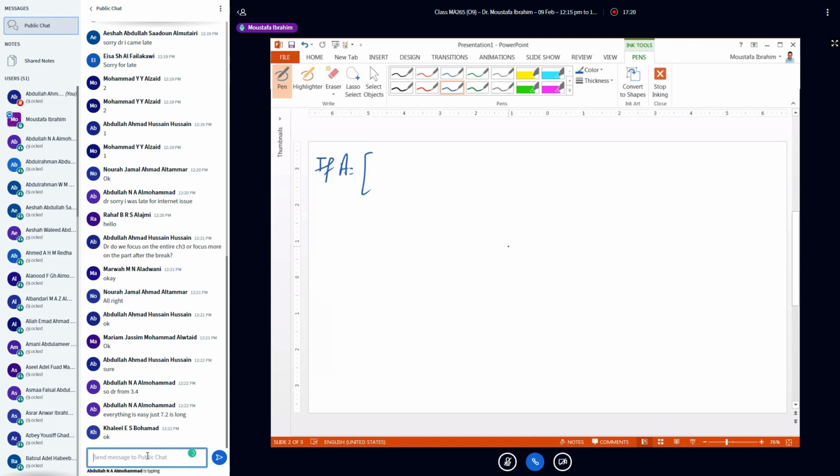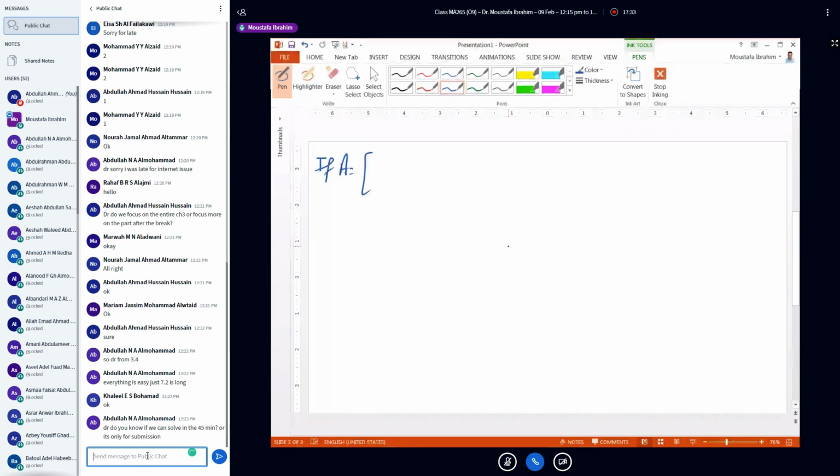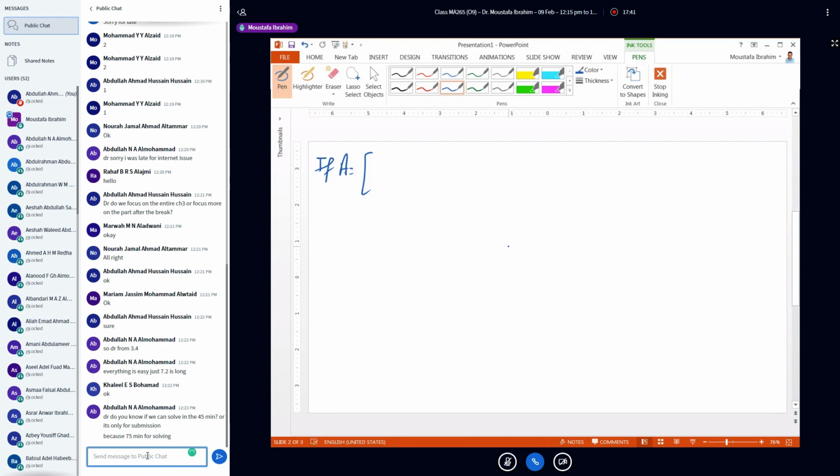If you don't submit, you cannot. Don't say you have an internet connection problem. I don't know of any problem. You have to fix it yourself. Like in the final exam, if you have an accident, it's your problem, not our problem. So please fix your internet, have a backup, make sure everything is fine and do the exam. And don't worry, you can finish before 2 hours for sure.